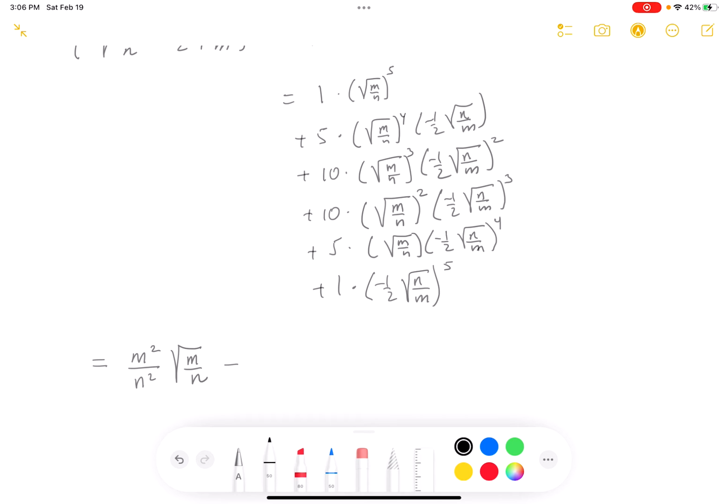Minus, I'm going to do the number now. That's going to be minus 5 over 2. All right, and then it's going to be m squared over n squared. I went a little too far with that fraction bar. And then you're going to get the root of n over m.